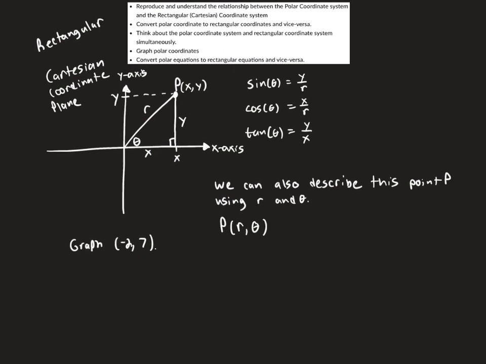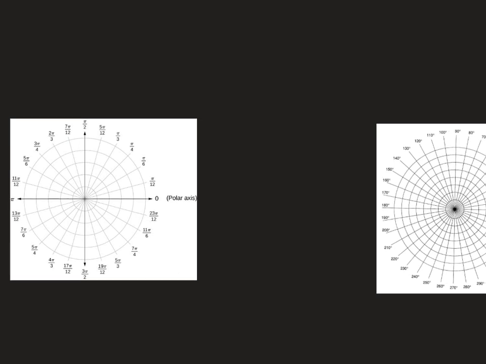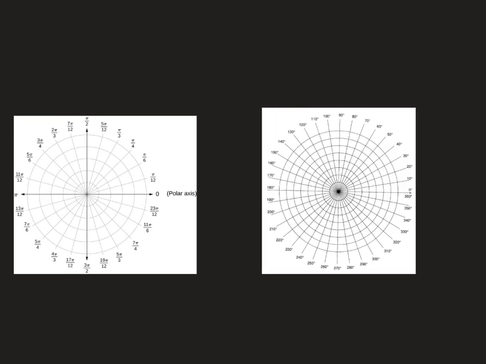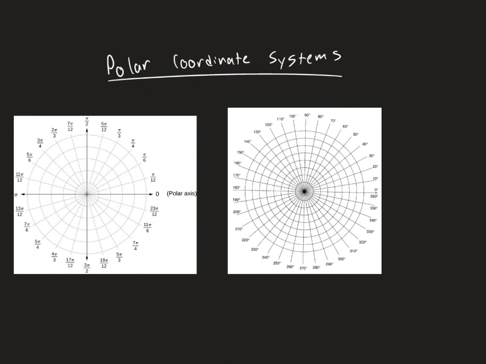All right, so there's this new coordinate system called the polar coordinate system. These are polar coordinate systems, and it lives kind of on top of the Cartesian coordinate system, or the Cartesian coordinate plane, right?